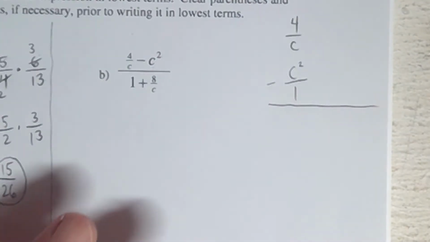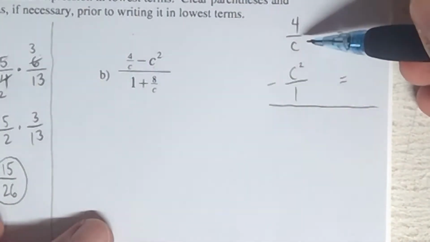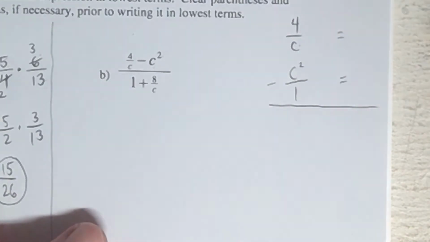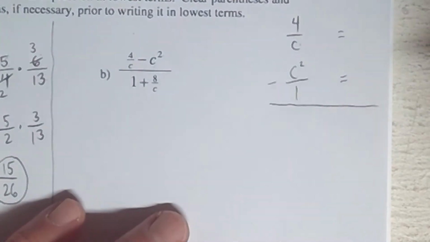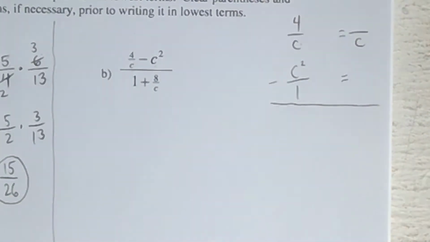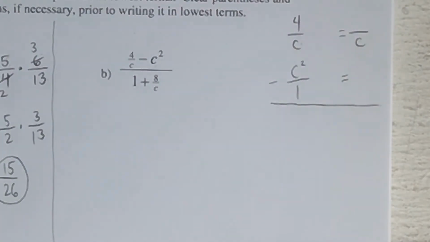Now, whenever you have two denominators and one of the denominators is equal to 1, the other denominator is automatically your LCD. Because in reality, there's really only one denominator there, right? We just put the 1 in there as a second denominator just so that we can subtract these fractions.